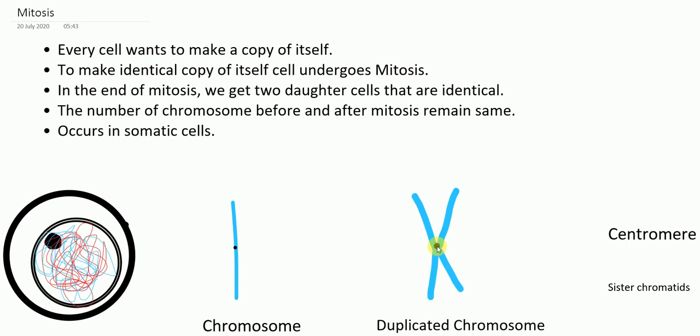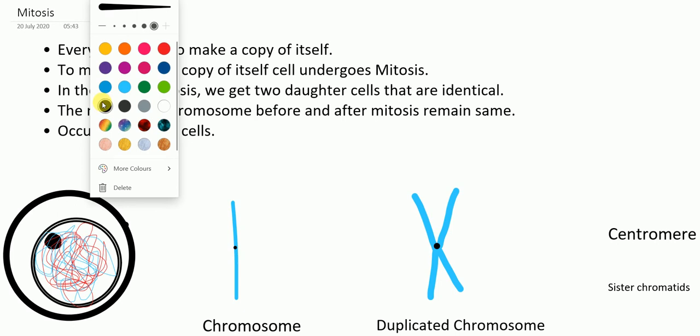Let me explain again. This is what a chromosome is. Whenever someone asks you to draw a chromosome, you're supposed to draw this. And this is a duplicated chromosome, and it appears after the S phase, that is, after the DNA replication has taken place.